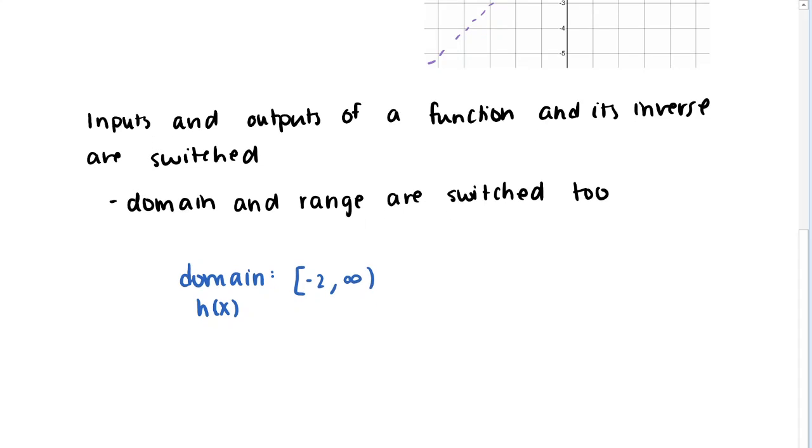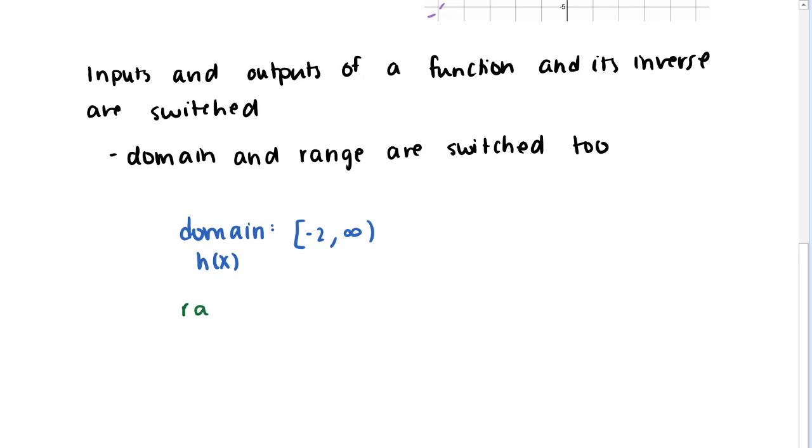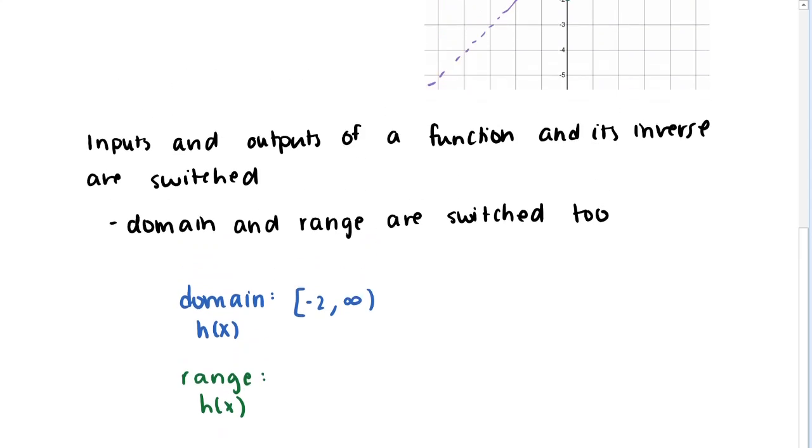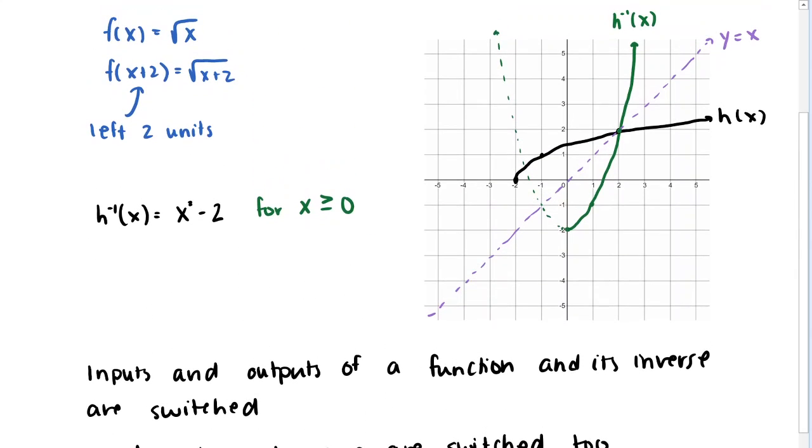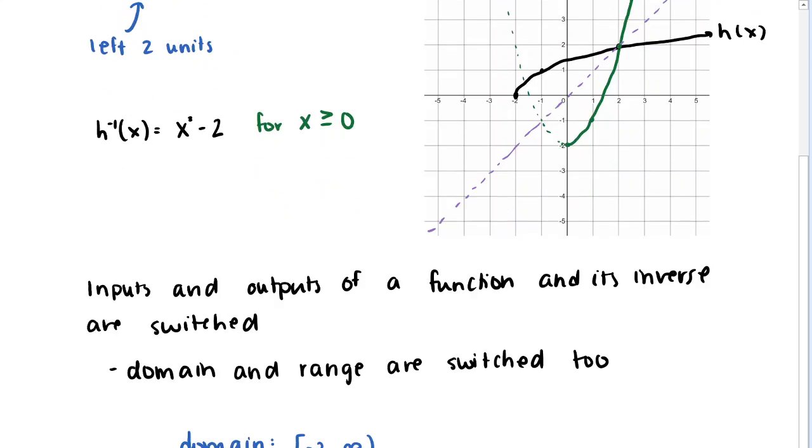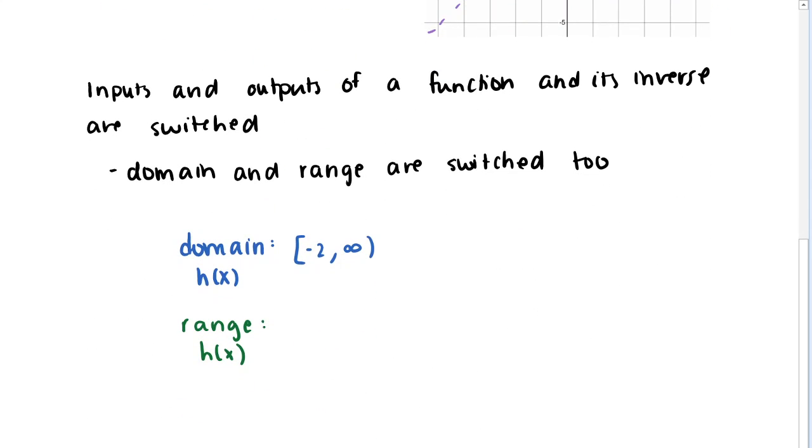And then the range of h of x, well, if we look back up here, the output values are 0 or greater. The square root function isn't going to give me any negative values. It's not shifted downwards or anything. It's just going to give me values from 0 and above. And so here, the range is from 0 to infinity.